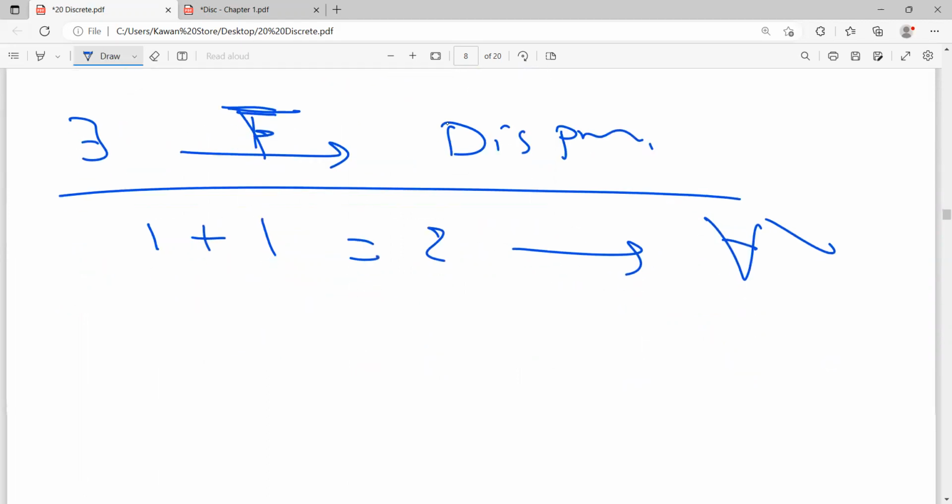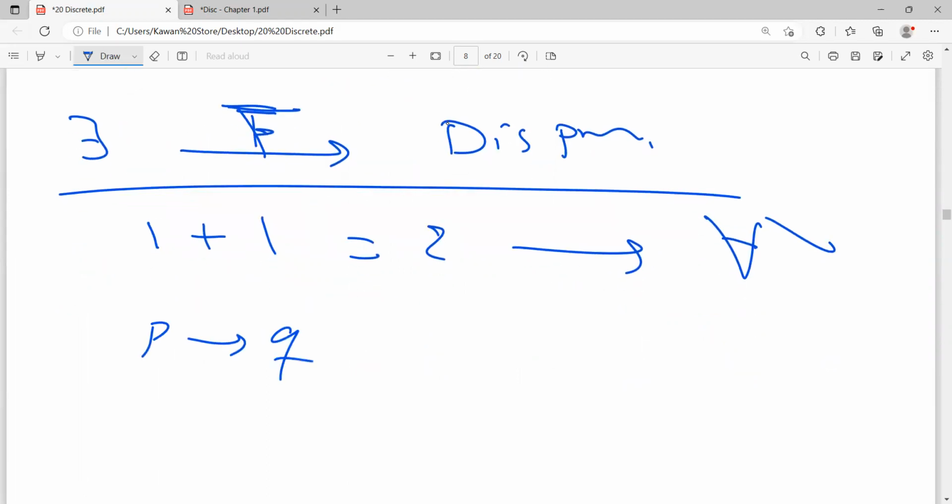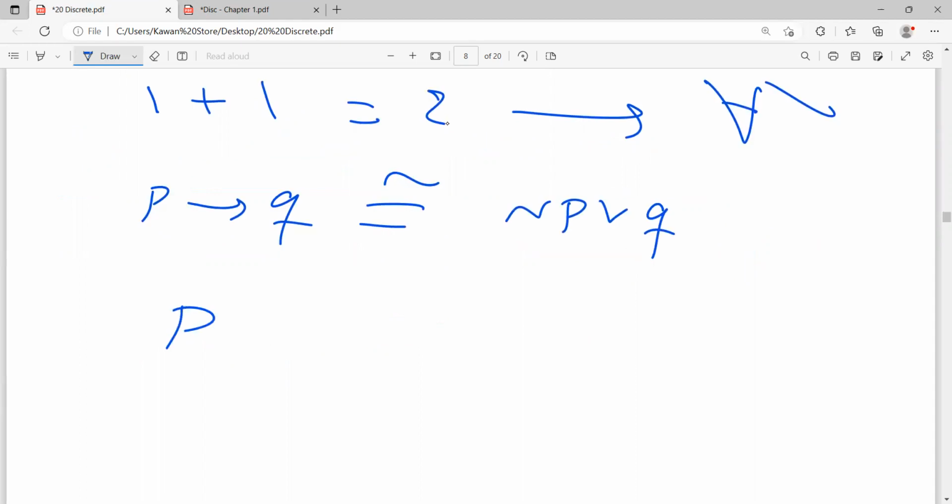When I say P implies Q is equivalent to negation P or Q, you should show me, prove it. Understand? But when I say P and negation P is equivalent to P, just bring one example for me that I am not right. Understood? One example.